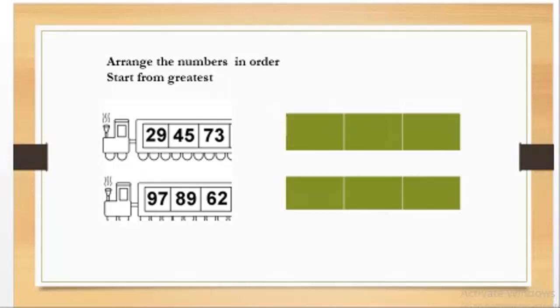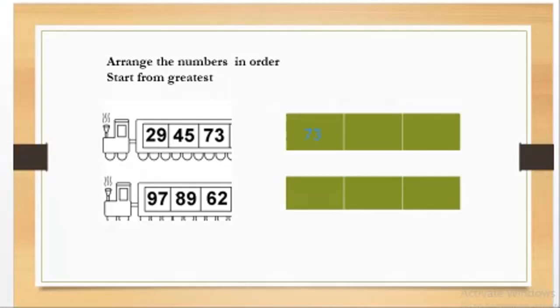Let's figure it out. 29, 45, 73. Can you tell me which is the greatest number in it? Is it 45? No. Is it 29? No. Is it 73? Yes, 73.